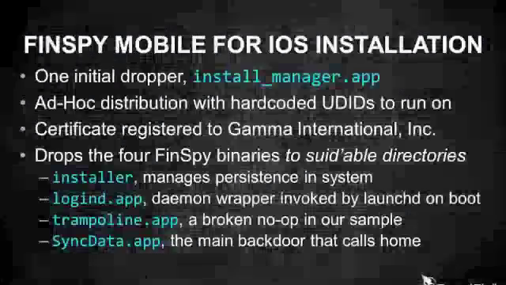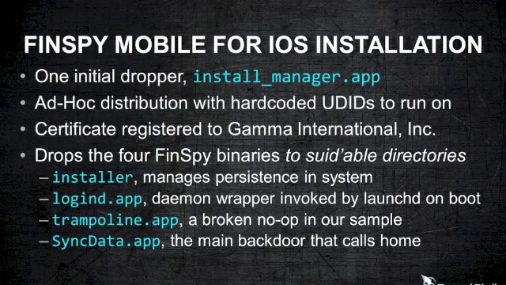So first of all, how this is getting onto the device. It's not very, very difficult. There's one initial file, a Docker file, which is called the install_manager app, which contains the other components in its packaging. And this will drop these components onto the phone. So this application is signed with an ad hoc distribution certificate.